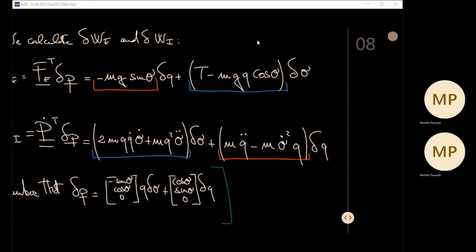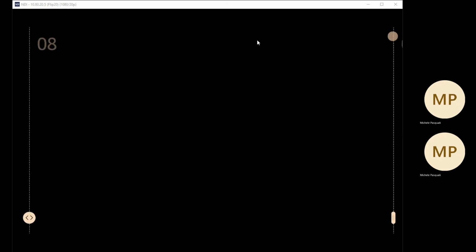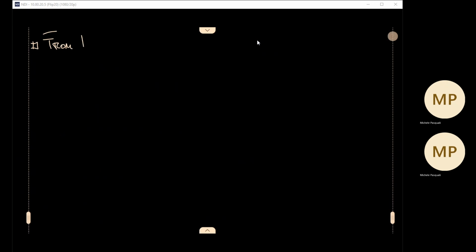Okay. So from D'Alembert's theorem, what do we have?